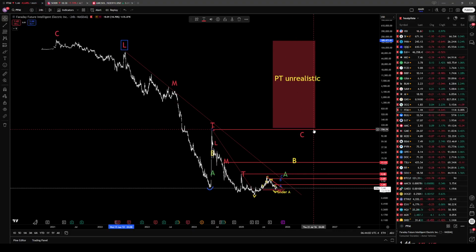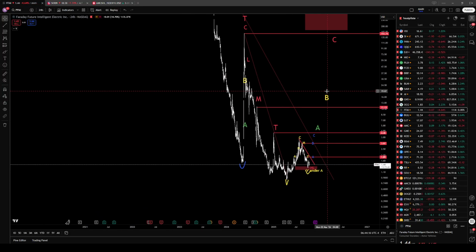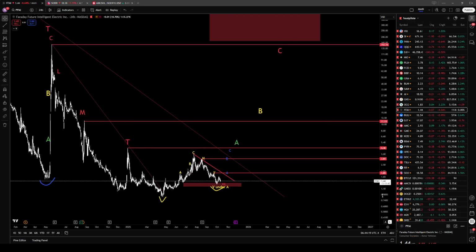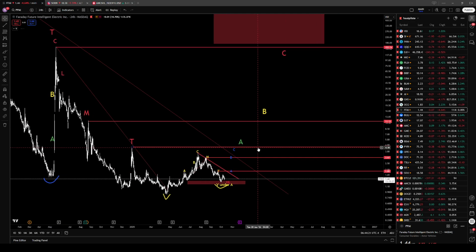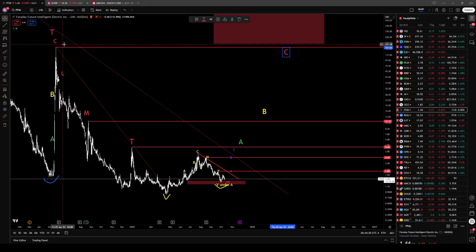For the unrealistic price targets, just if you absolutely follow the rules, that would mean your A is at 154, your B is at 3,000, and your C is whatever, 100,000. Again, won't happen. For the realistic price targets, your A would be at $4, your B at $11, and you will reject somewhere in here. Make again a lower peak, a lower high, and just die.